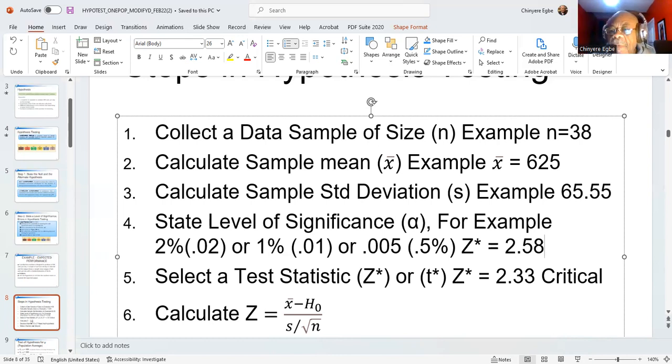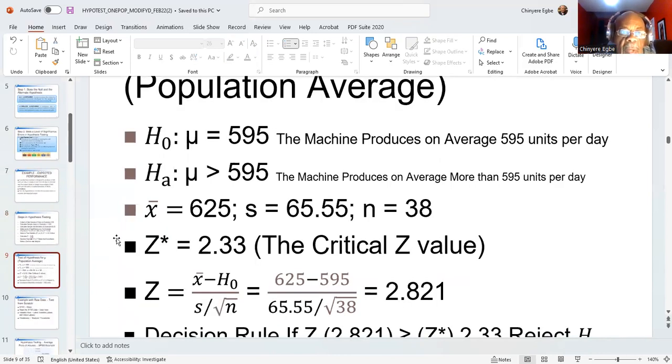So you determine your critical value, and then you calculate the Z value, which is the calculated Z value, which will be X bar, this 625, minus your null hypothesis, which is 595. So let's see if we solve through this example. You state your null hypothesis.